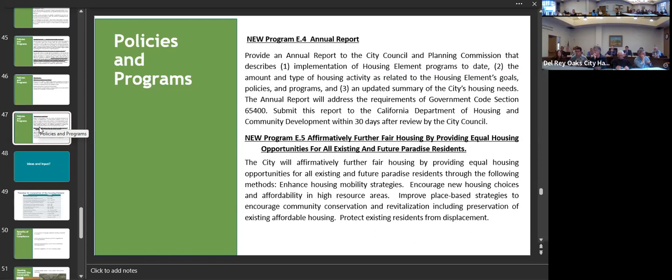We talked about that quite a bit on the third workshop. What can be done to keep people in place so they do not have to be moved. They don't move out because they're displaced because of cost or other factors. And that brings us to the next program.